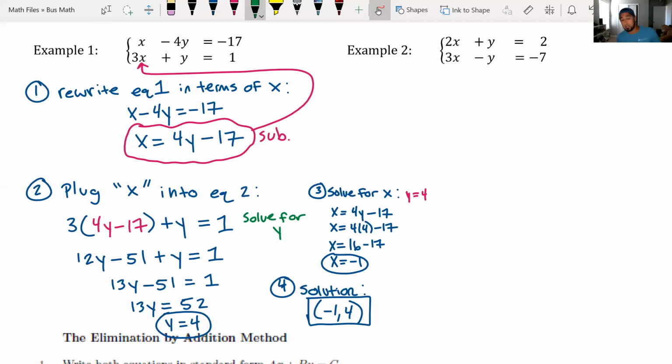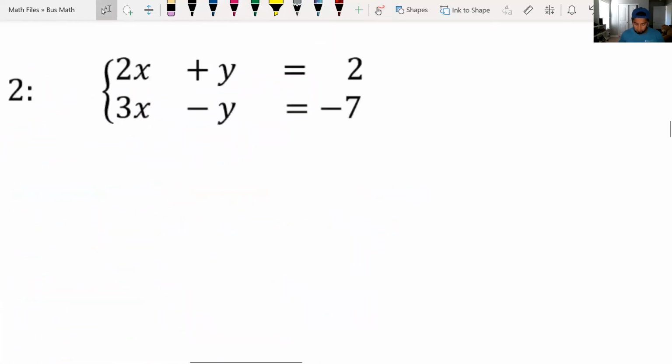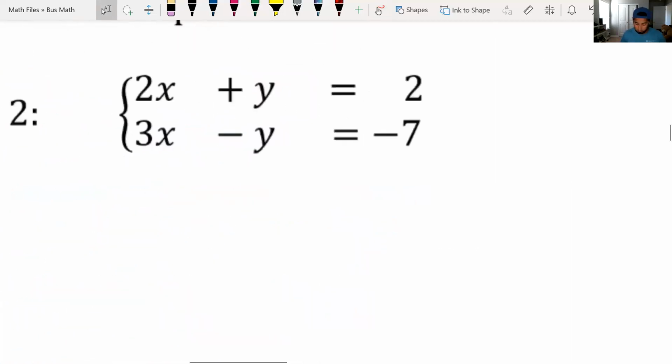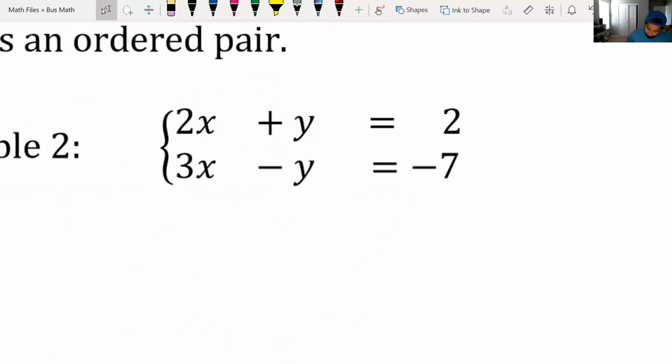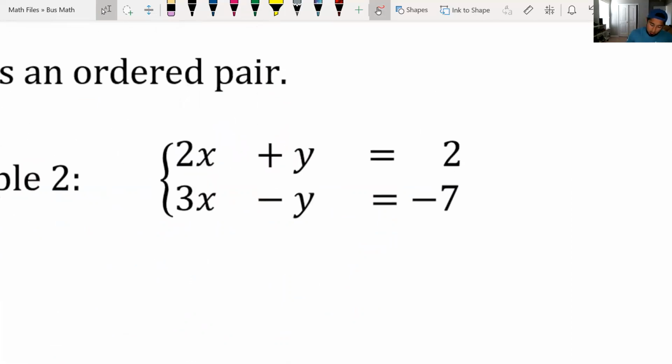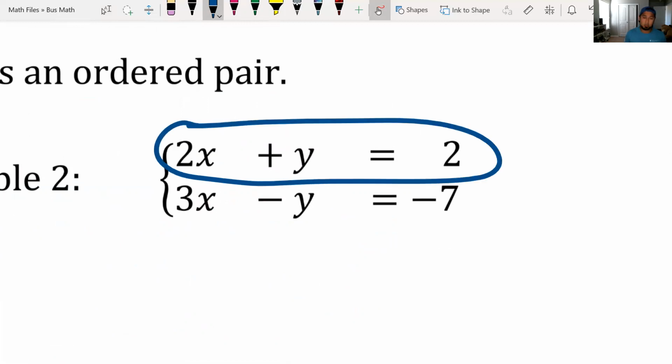Okay. So let's do it again. We have substitution method again for example 2. I'll write small. I'll try my best. Okay. So again, we look, do you want to rearrange equation 1 or do you want to rearrange equation 2? And I'm going to say, let's rearrange equation 1 because this one looks easy.